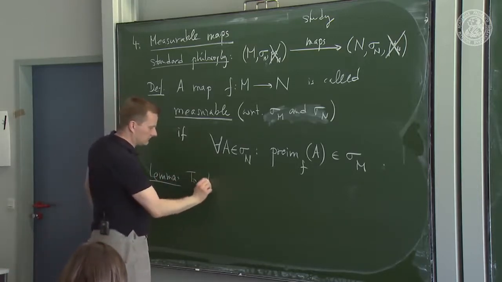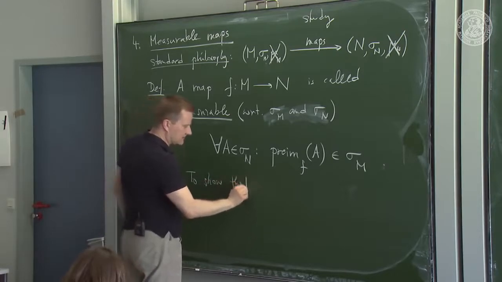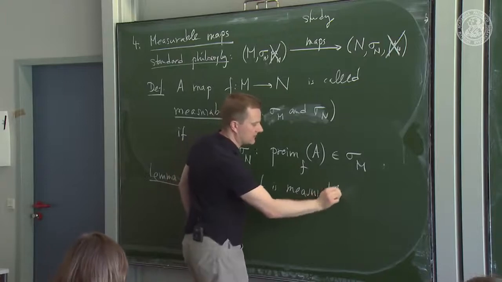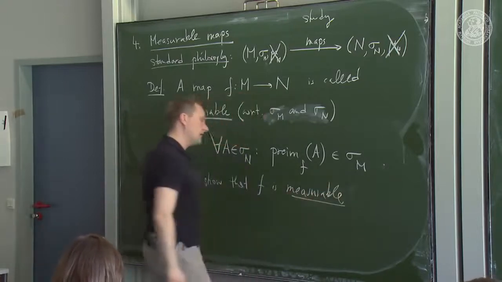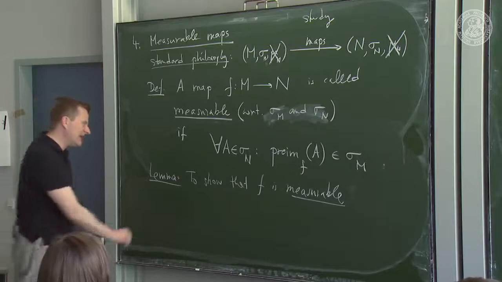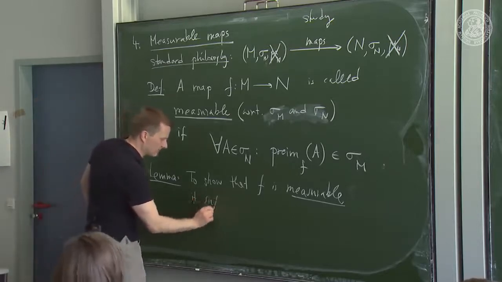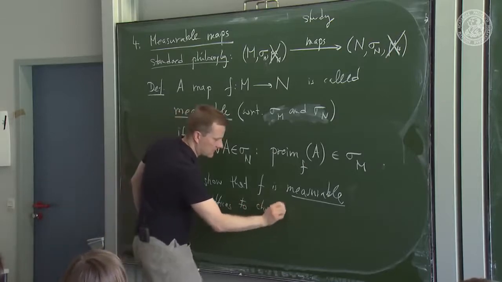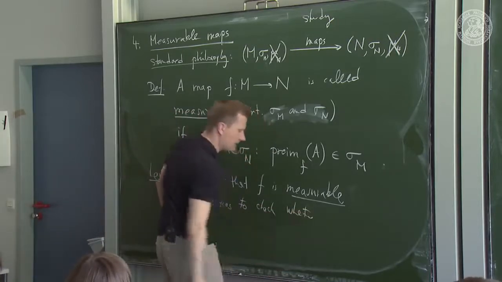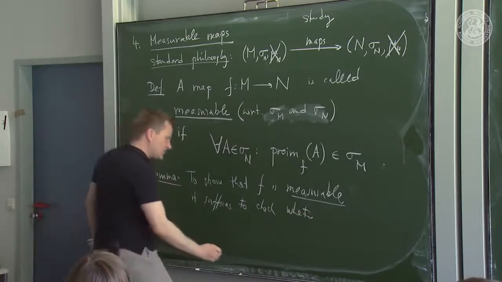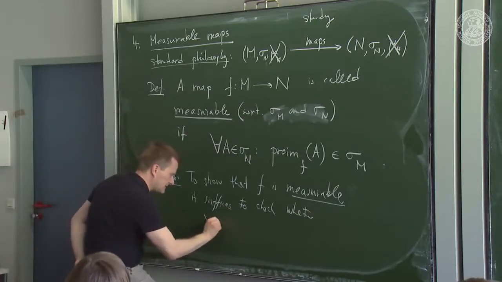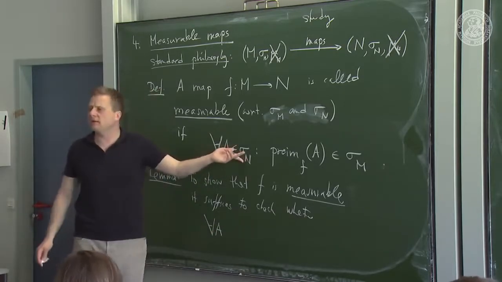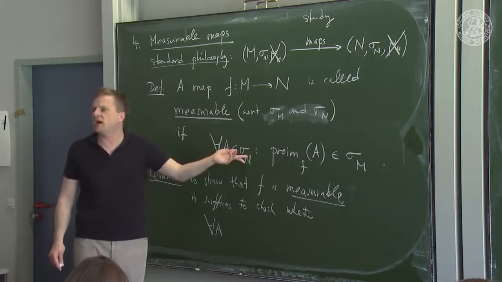to show that f is measurable with respect to the respective sigma algebras, it suffices to check whether, for all sets A, you see, checking something for all sets in an unwieldy object like a sigma algebra is a hard task.